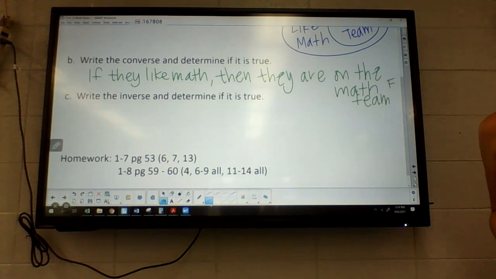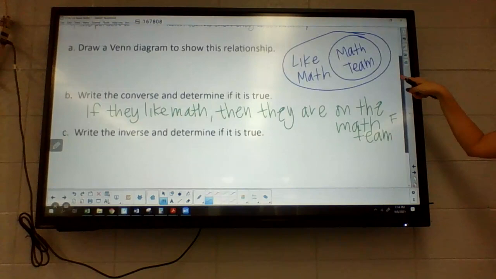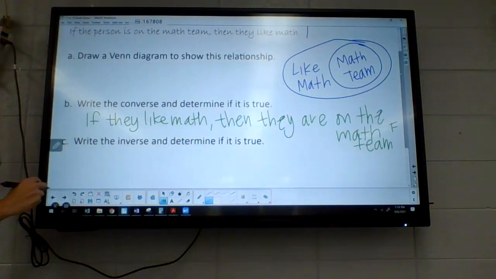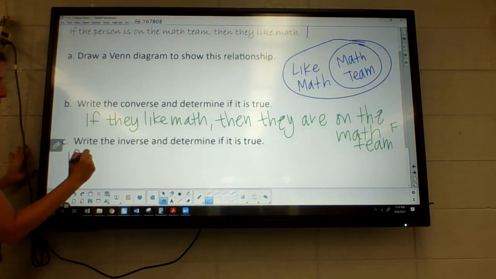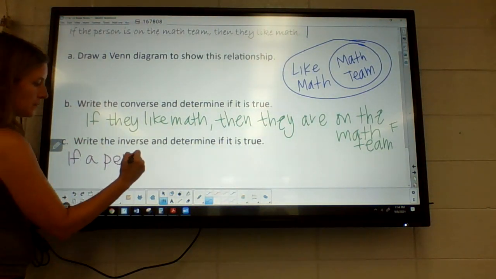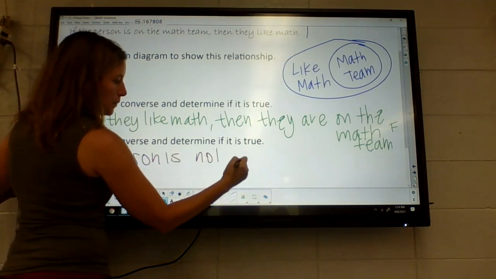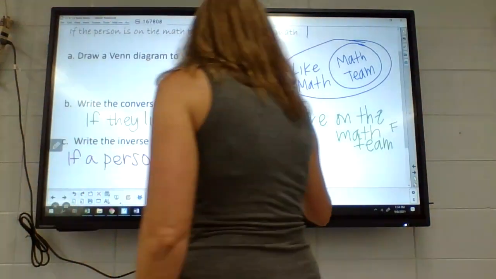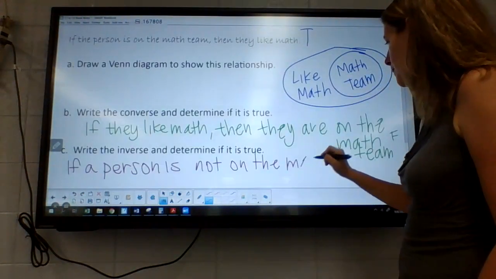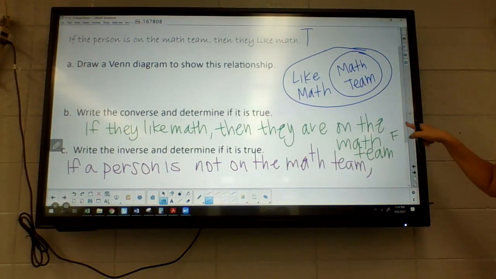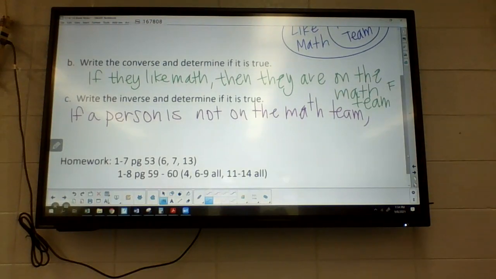All right. The inverse of this statement. So again, we're going back to the original statement. The inverse is the one where you add the nots to it. So if a person is not on the math team, then they do not like math. So Stone's not on the math team, and then I yell at him, Stone, why do you hate math?